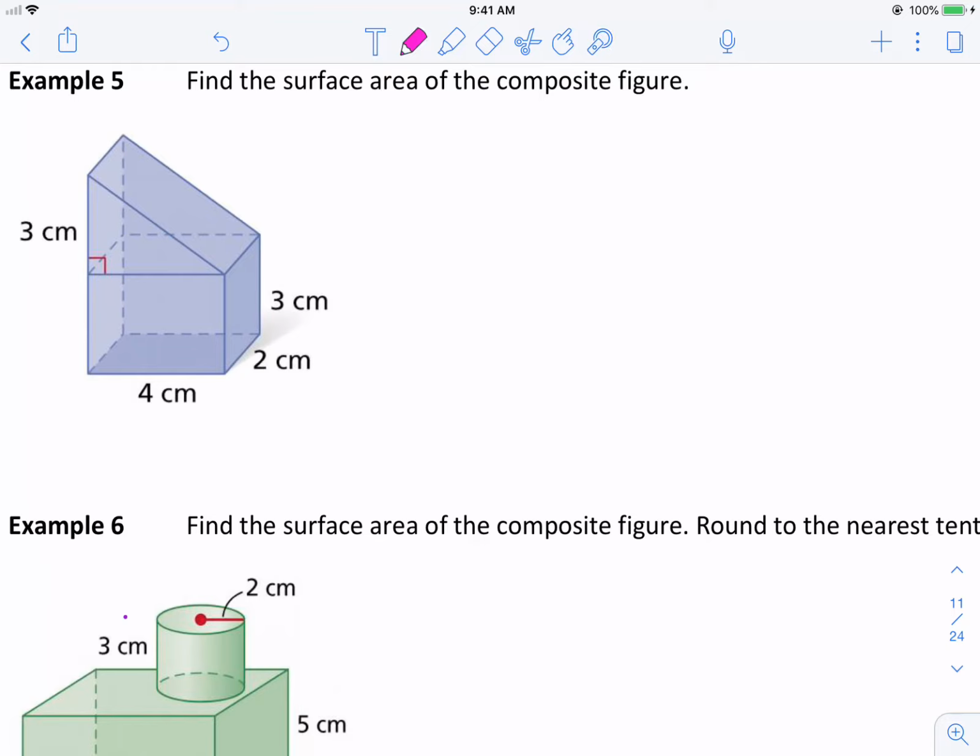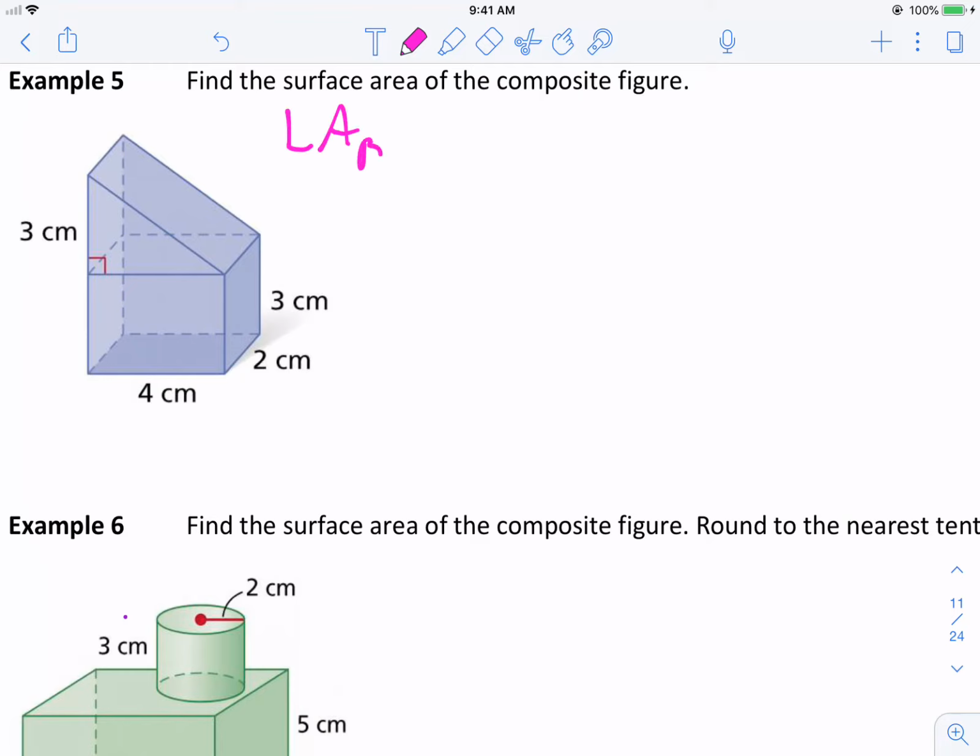So let's start with this bottom box here. We have 5 of the 6 faces exposed on the surface. They are this bottom one, and then the left, the front, the right, and the back sides. So I think a good place to start for us would be to get the lateral area of this bottom box.